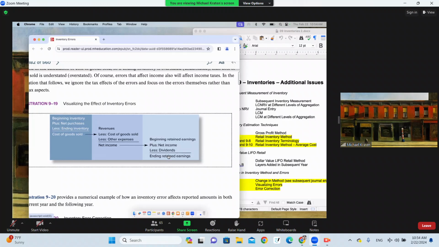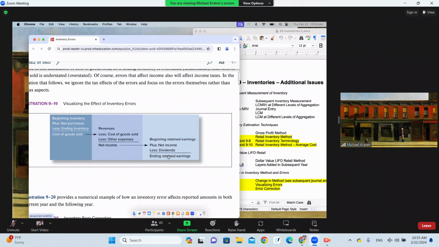Likewise, if I say, hey, I have some inventory and it was sold a couple of years ago. And if I then say, uh-oh, I screwed up on the journal entry that debited cost of goods sold expense.